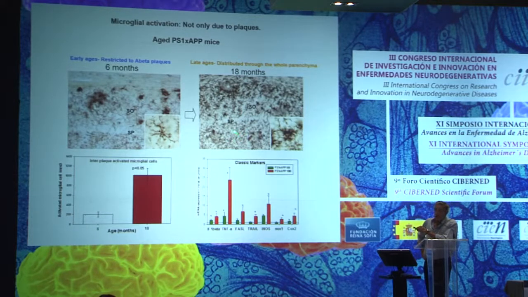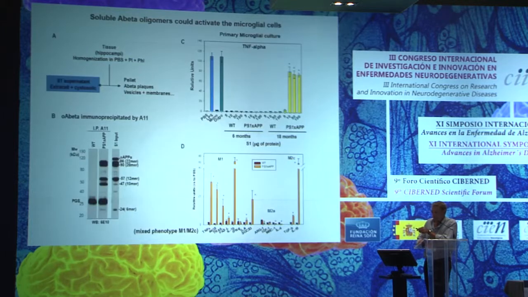These active microglial cells display a classic phenotype expressing many pro-inflammatory cytokines. This generalized activation is due to the deposition, not of A-beta compacted in plaques, but of soluble A-beta species.